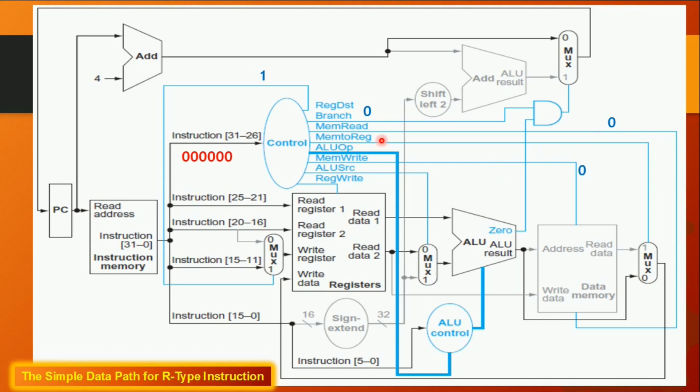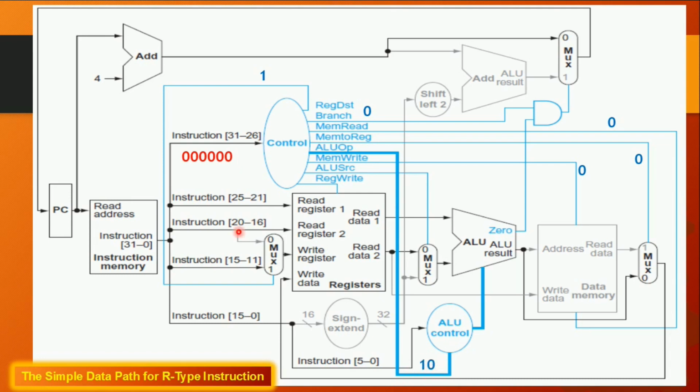Assuming that all the contents of the registers are already loaded, according to the R-type register addressing mode, the operands are directly registers. So we are not going to load any data from memory, so MemToReg is also deasserted. Since it is an R-type instruction, the ALUOp is 10.